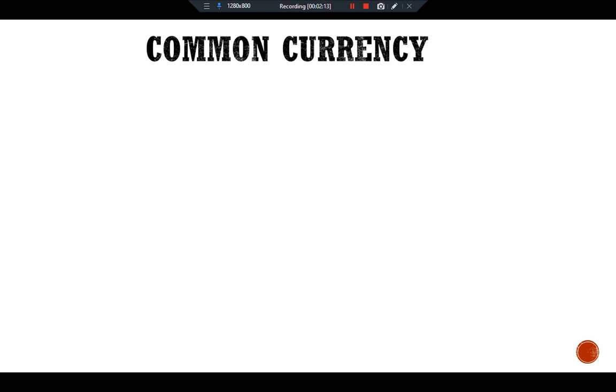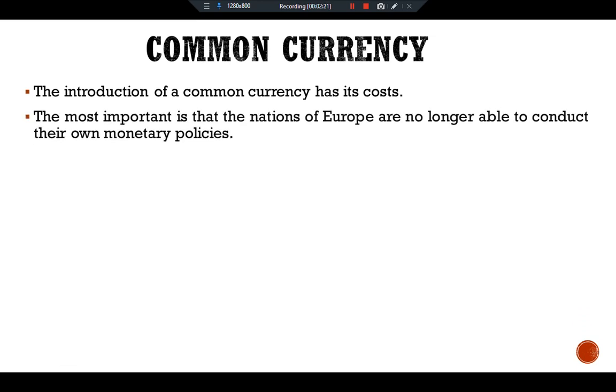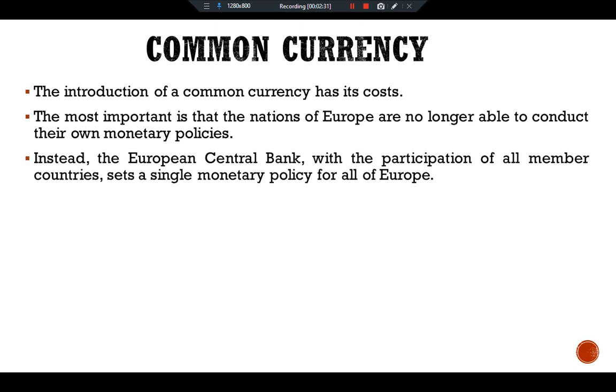Okay, while talking about the common currency, the introduction of the common currency has its cost. The most important is that the nations of Europe are no longer able to conduct their own monetary policies. Instead, the European Central Bank, with the participation of all member countries, sets a single monetary policy for all of Europe.